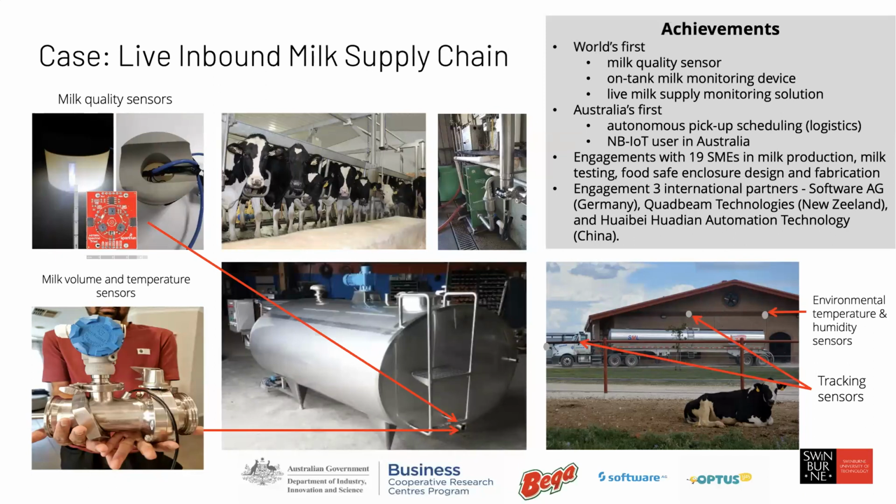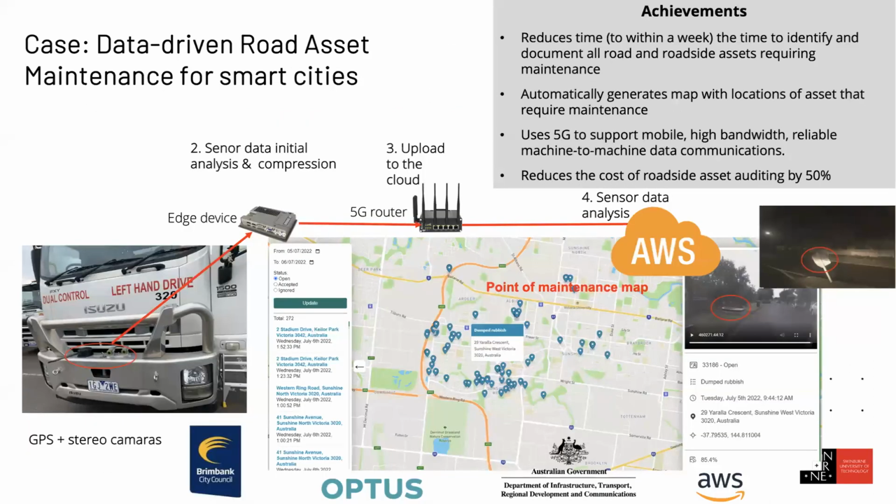The sensors were produced by multiple companies and communicated with infrastructure supported by the telco company Optus. And this is the world-leading milk supply chain solution utilizing AI technologies.